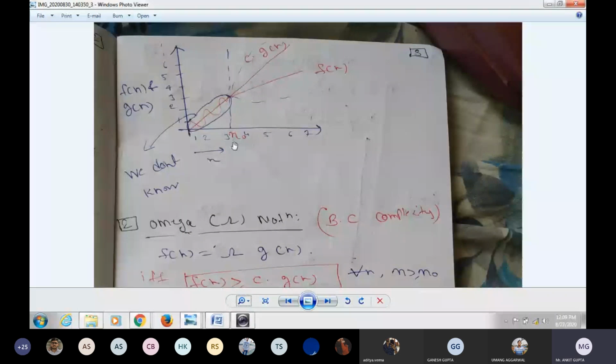Whenever I get the value of c and the value of n naught, then I can say whether f(n) is bigger or g(n) is bigger.